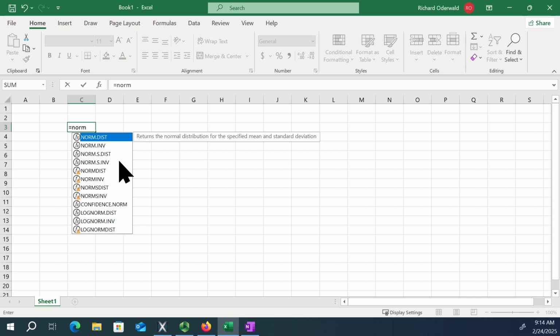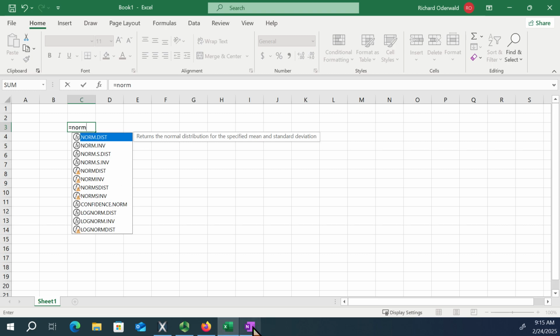The norm.s.dist is for the standard normal distribution. And this is where the 1 and 2, minus 1 and minus 2 come from. The norm.dist is for any normal distribution. The norm.s.dist is for a mean of 0 and a standard deviation of 1.